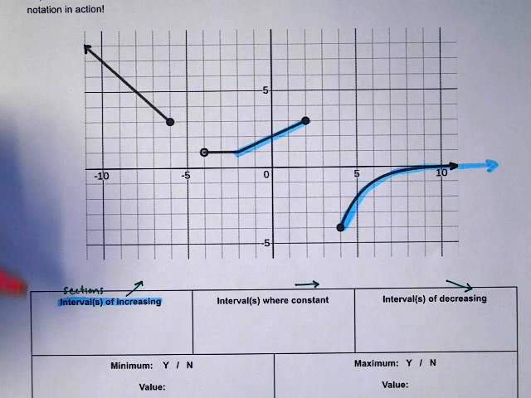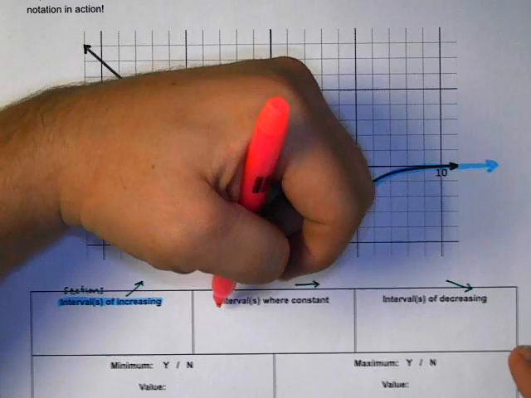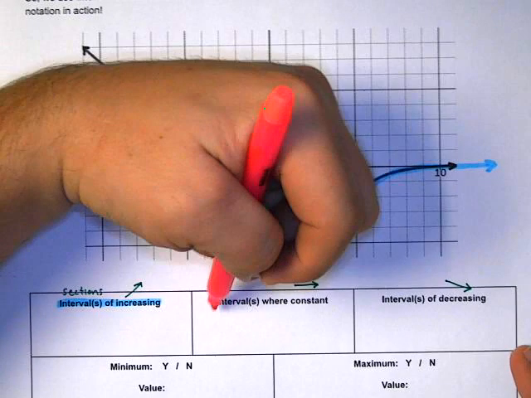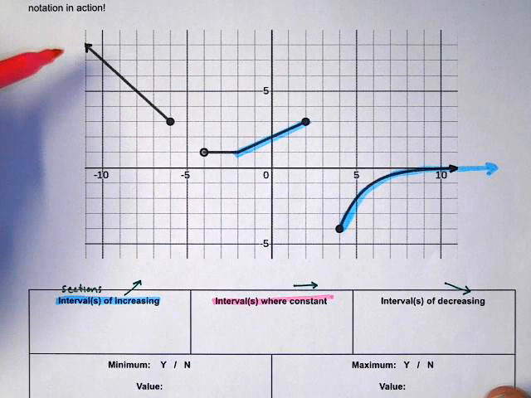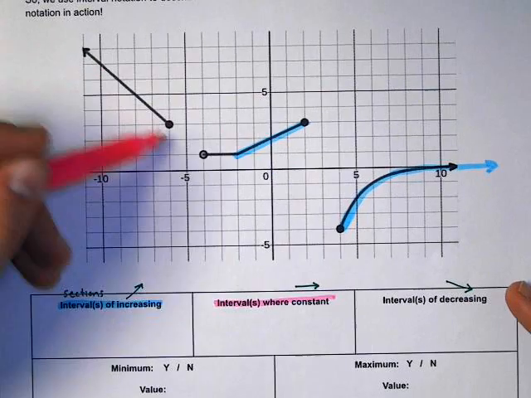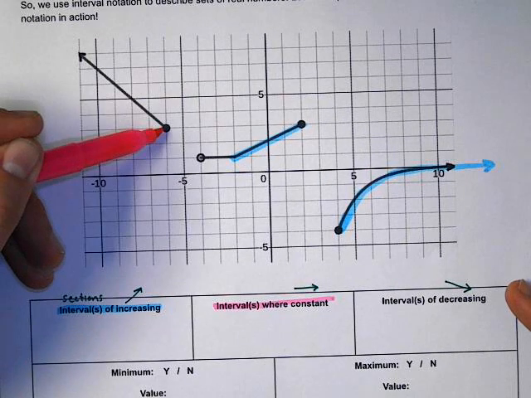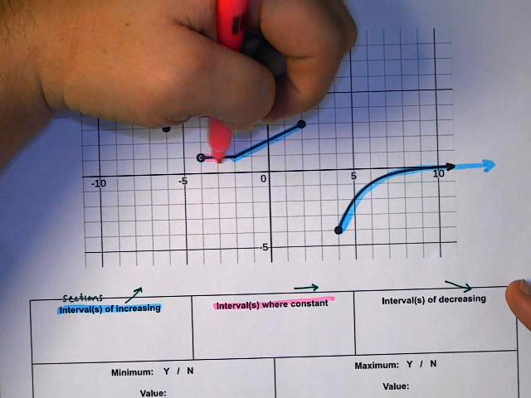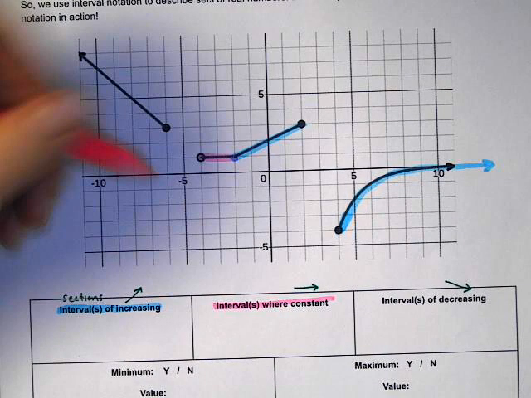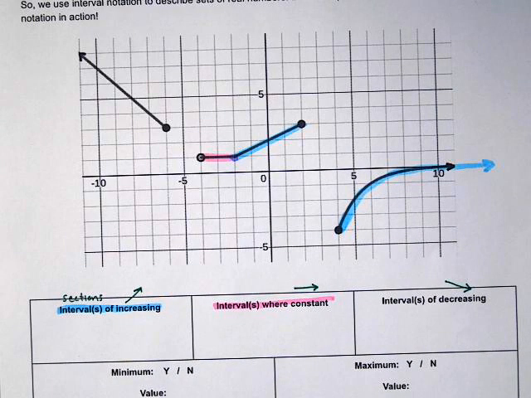So now that we've talked about increasing, let's talk about constant, where our graph stays constant, where we're not going up or down. Well, let's think. What about right here? No, we're going down here. We're going down, but then, ooh, right over here, we're going straight. We're not going up or down. And so I would highlight that little section pink.